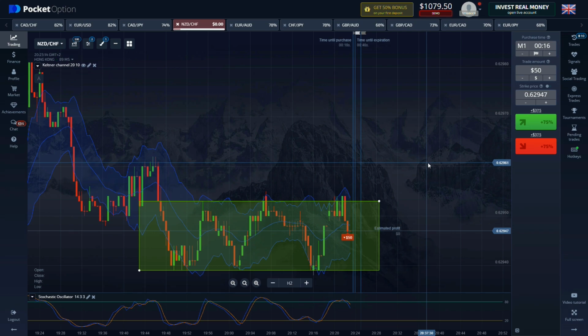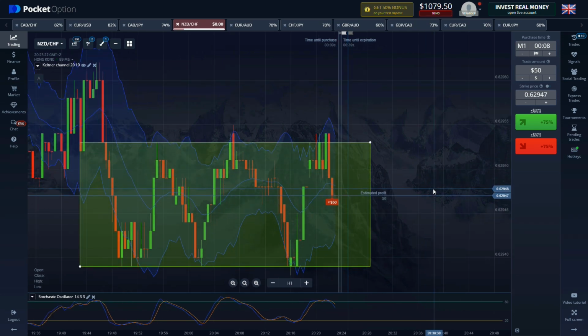I put the 2 minutes trade here because if something goes wrong, you can see this candle can end almost here, then go a little bit up like that, then it can go downwards.